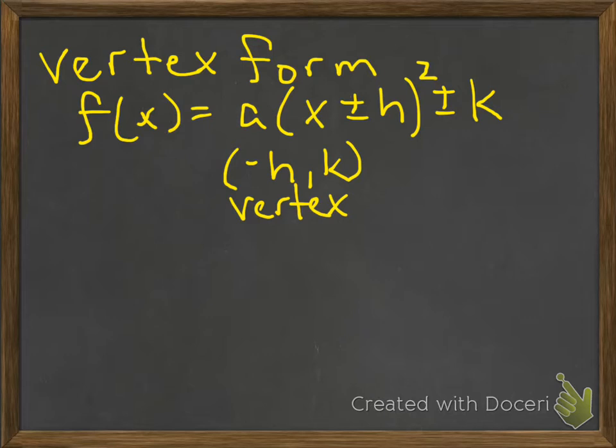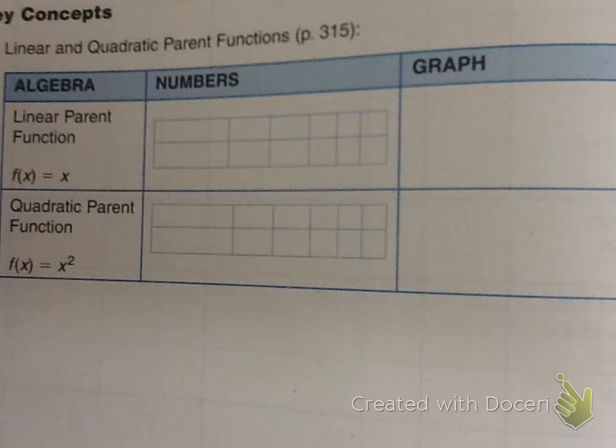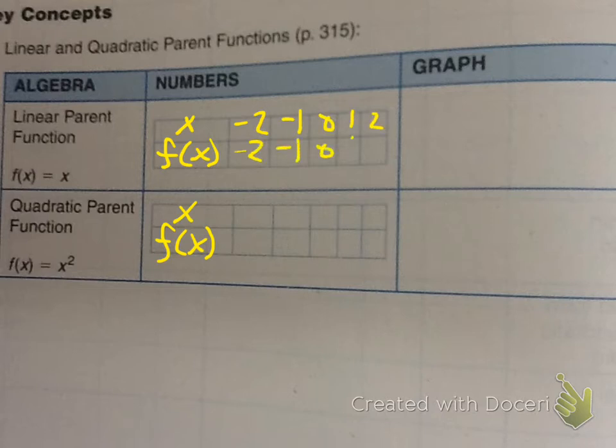So make sure, again, this is something we've seen before. Quadratic function compared to the linear function. With a linear function, if I chose the x and the f of x, which again is the y, I could put for the x -2, -1, 0, 1, and 2, and for the linear, the y would be the same thing, -2, -1, 0, 1, 2.